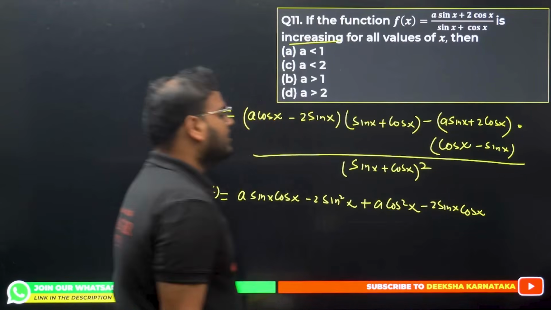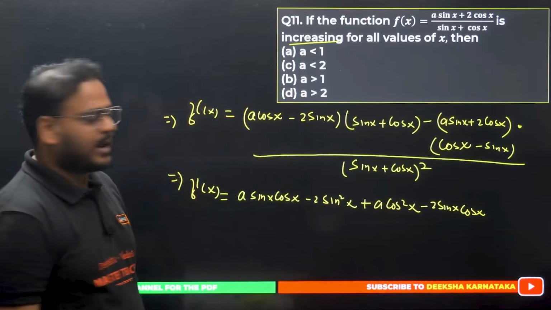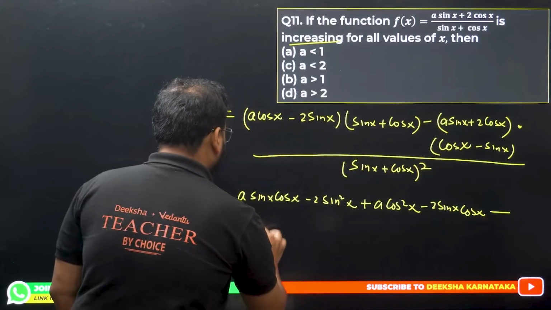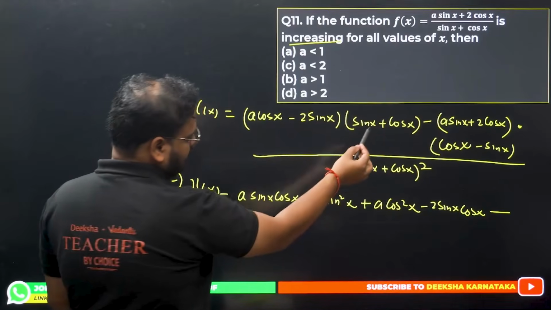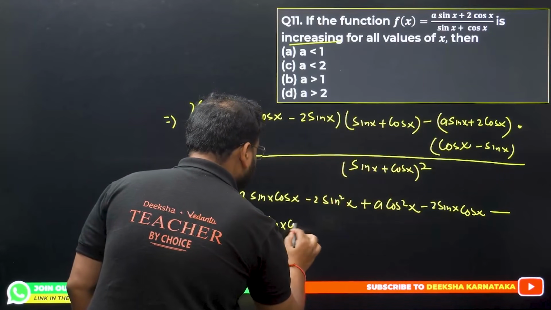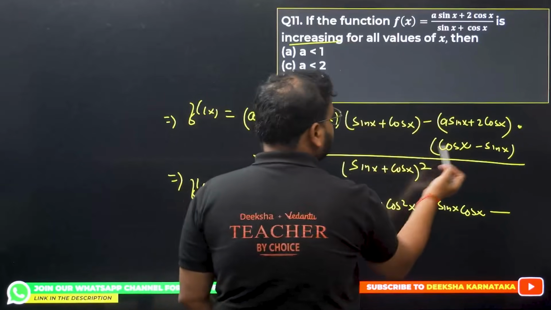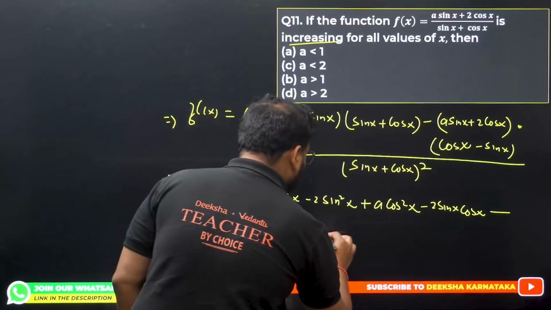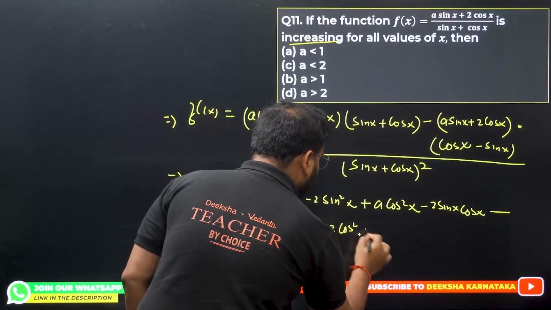This is clear. Expansion of the first two brackets, okay? There's a minus sign of course over here. And cross check: a sin x with this I get again the same thing, a sin x cos x, these two, and we get here 2 cos square x plus 2 cos square x.